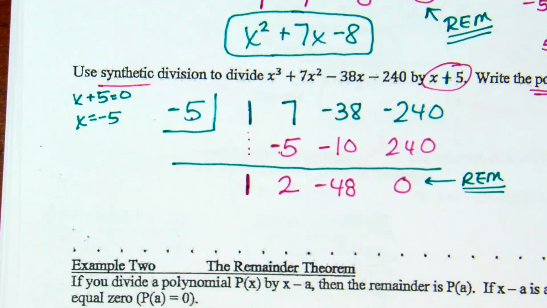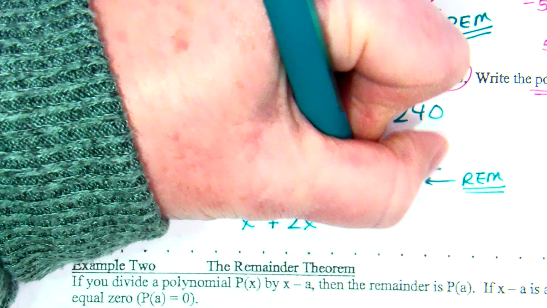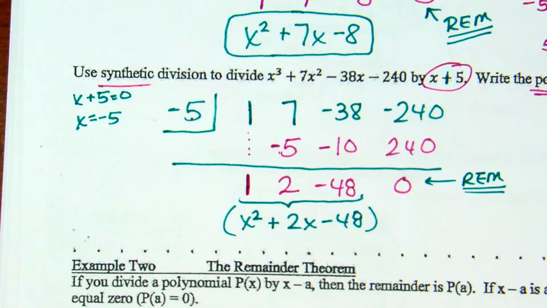What does the 1, 2, negative 48 represent? Since this was originally x cubed, 1 power less is x squared. So this is x squared plus 2x minus 48. We also divided by a factor.